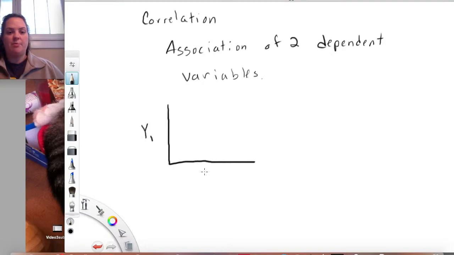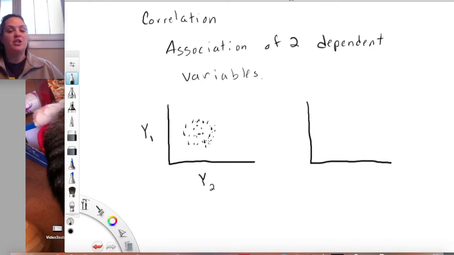Here's our first dependent variable and our second dependent variable. Now here, we're not trying to put together a cause and effect relationship. We're just trying to see if these two are associated in any way, right? So, our null hypothesis for a correlation is basically what my advisor and biometry professor taught me, a shotgun splatter of points, where they're not correlated negatively or positively in any way.